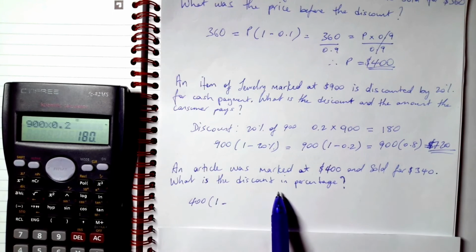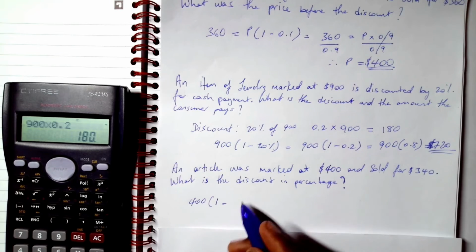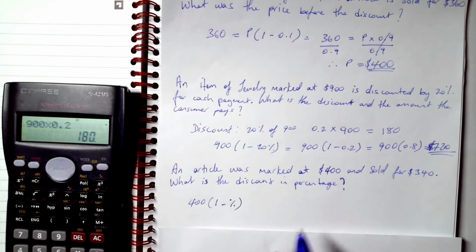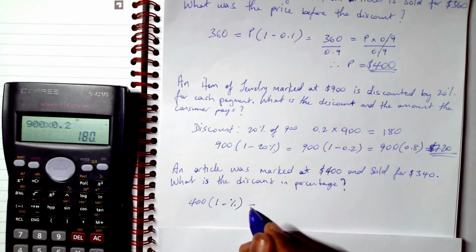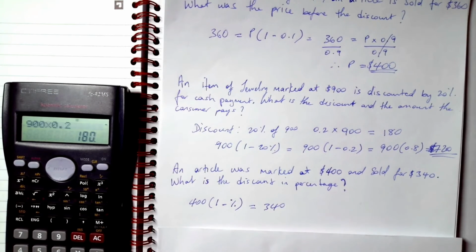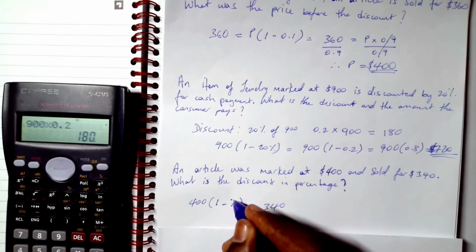So we know that it's a discount, so it must be minus some percentage. We don't know it. We can call it P, we can call it X, whatever, but I'm going to call it P for percentage. Is equal to 340. We need to find the percentage. Let's call it P.